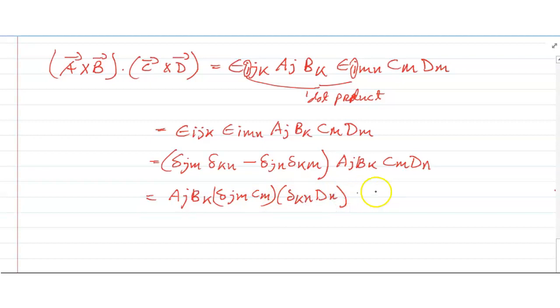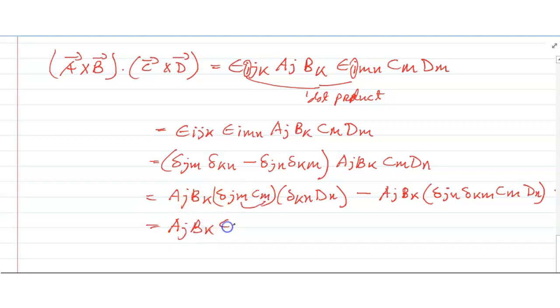Friends, I just arranged it this way: aj bk and del jn cm dn, and I can write aj cm with m replaced, so it is cj and dk, because m and n are dummy indices, minus aj bk and del jn cm dn, where del jn gives dj and ck.